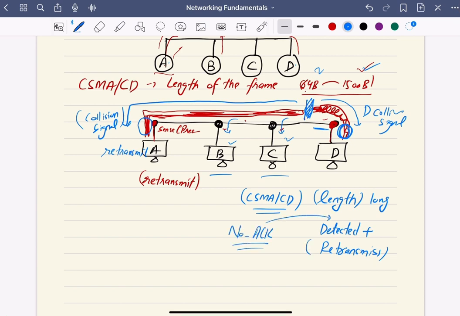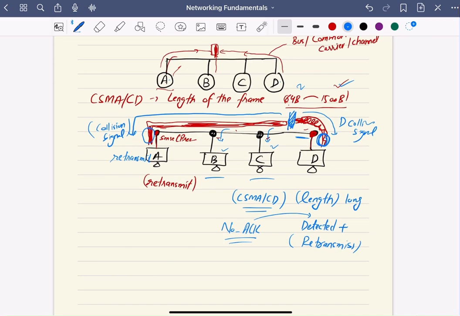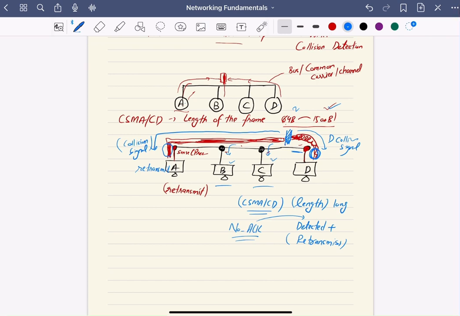So collision detection tells us whether the receiver got it or not. If there is a collision, we get a collision signal and we are not sure whether it is for us or not. If we have a sufficient frame length, then we can retransmit the data in the meanwhile.